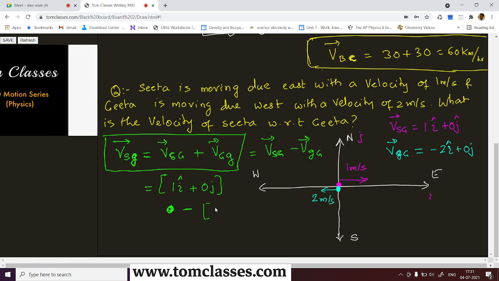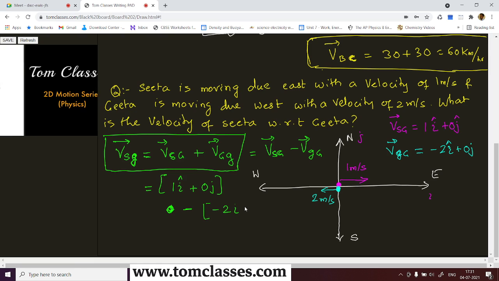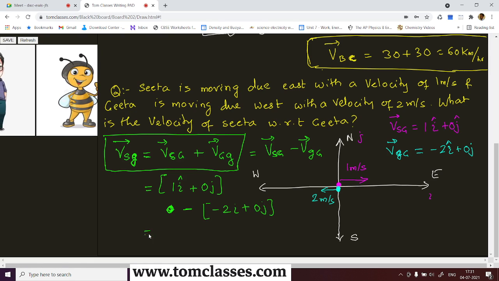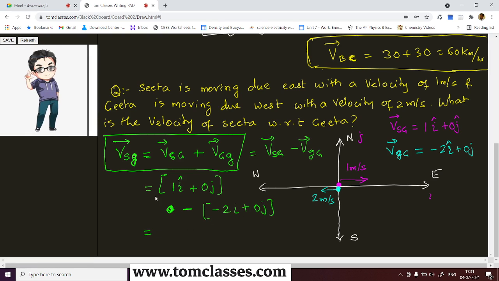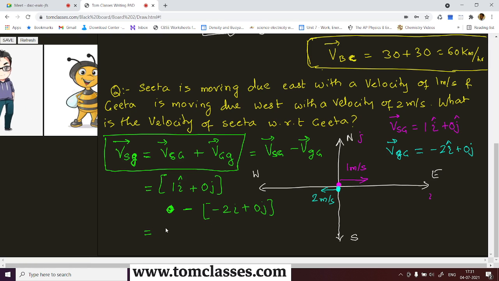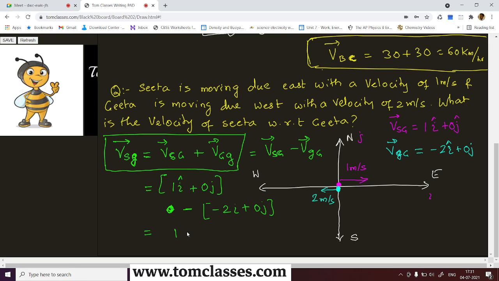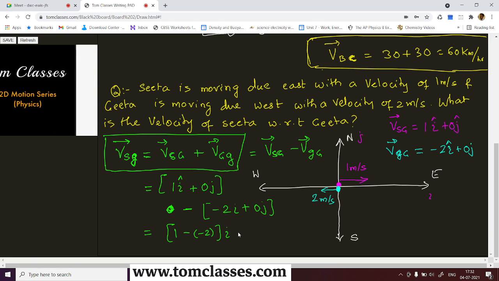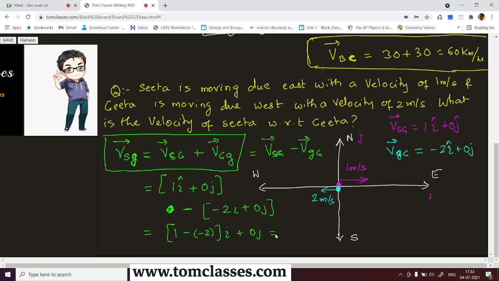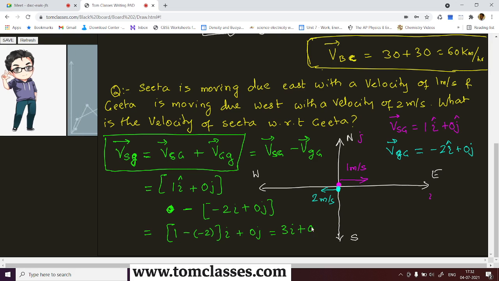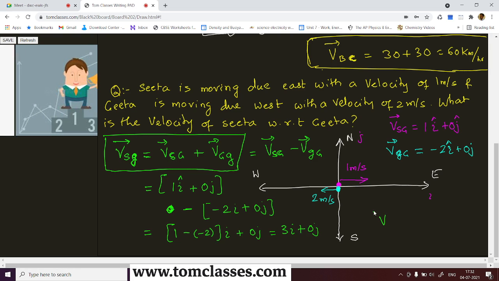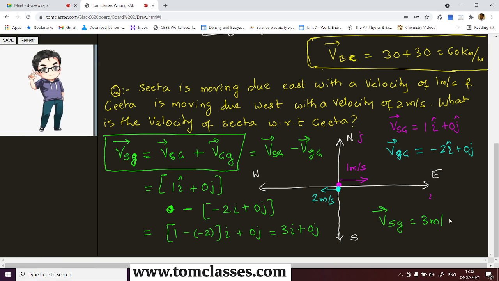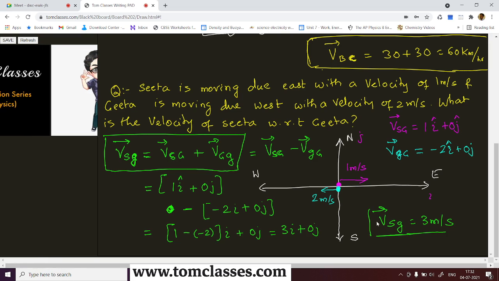So this will be minus of minus 2i plus 0j, right? Is this okay? Now, when I am adding two vectors, I can add their components. It will become 1 minus of minus 2, that is, i plus 0j. This will be 3i plus 0j. So the velocity of theta with respect to Gita is 3 meter per second, right? Got it? So that is the answer.